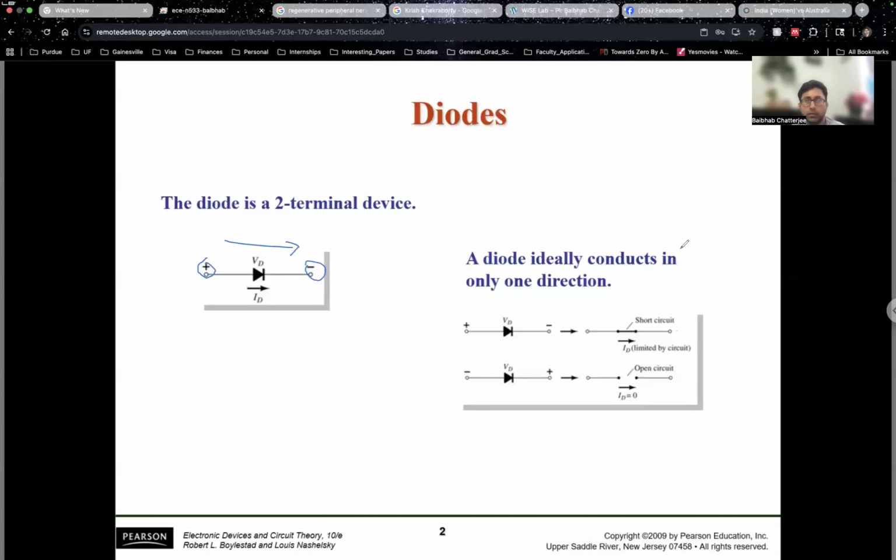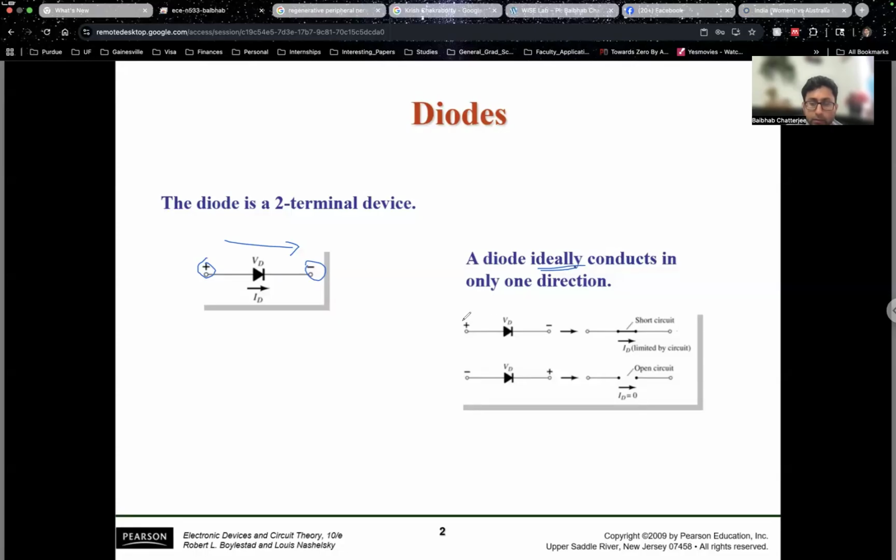The funny thing about diodes is that the diode would ideally conduct only in one direction. Ideally means you already understand that there are non-idealities with the diode as well, and it will conduct a little bit in the other direction. But ideally, the diode conducts in only one direction.